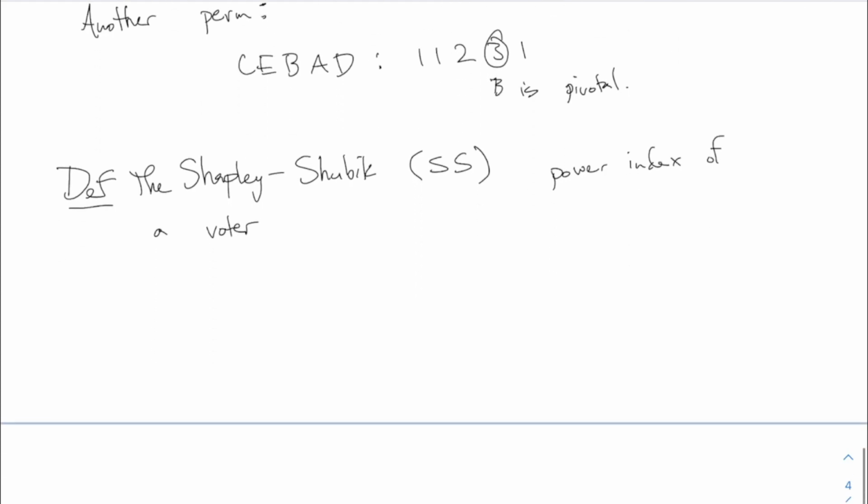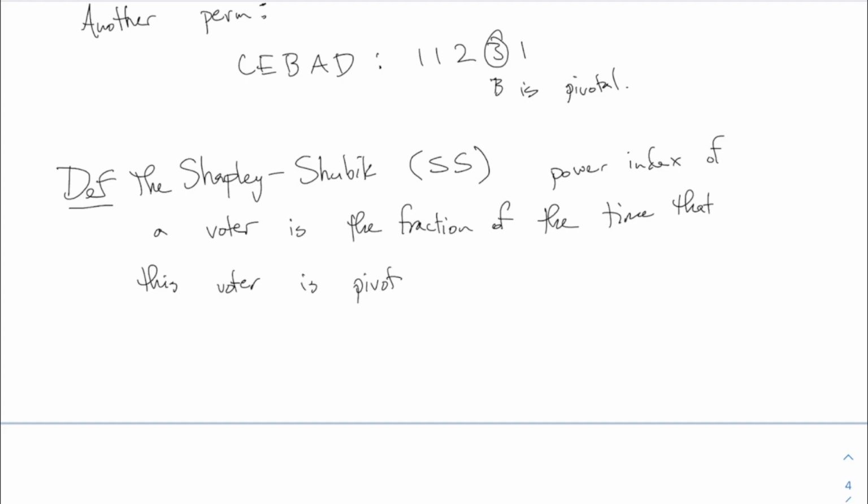And this is the fraction of the time that this voter is pivotal among all permutations.